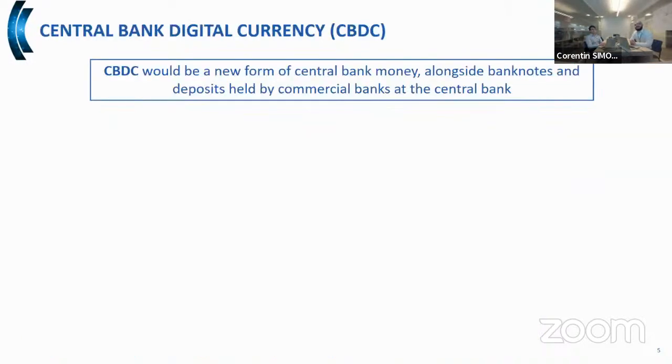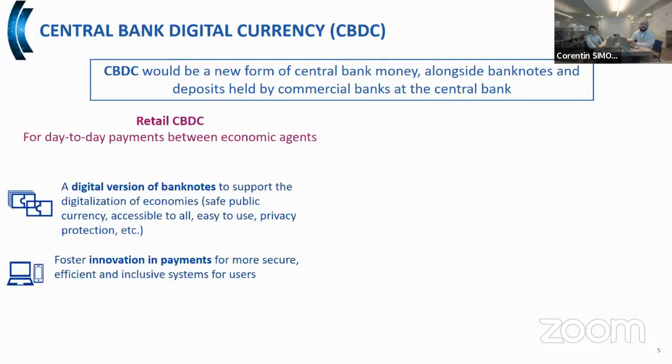So CBDC would be a new form of central bank money alongside banknotes and deposits held by commercial banks at the central banks. So two forms. First, the retail CBDC, that will be used for day-to-day payments between economic agents. It will be a digital version of banknotes that currently are only physical, with the aim to be more efficient and to serve as an alternative with the decline in the use of cash.